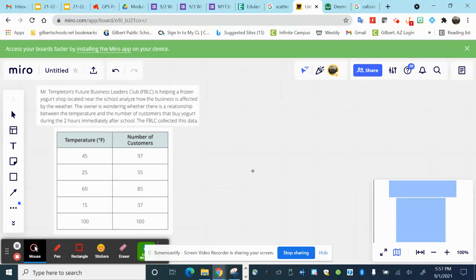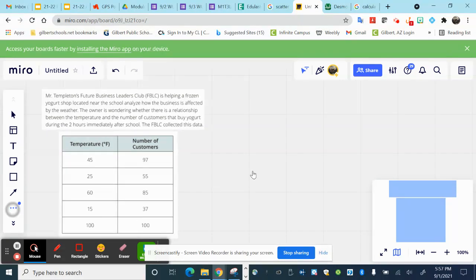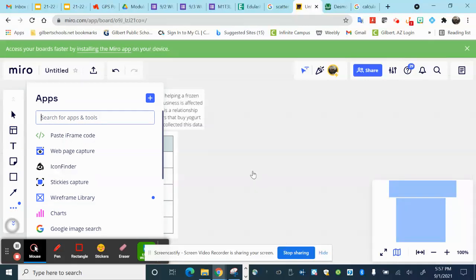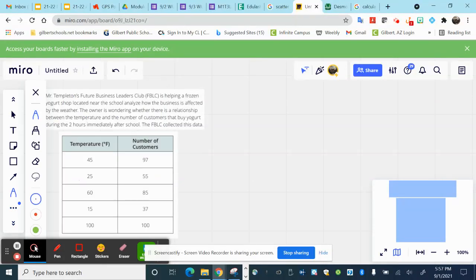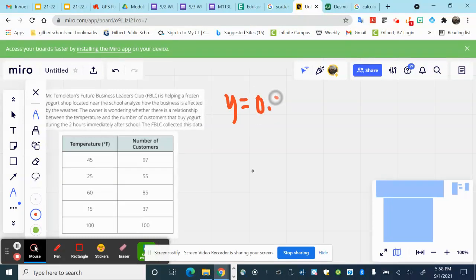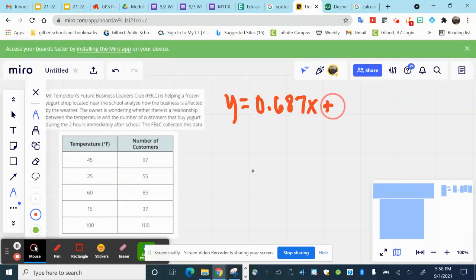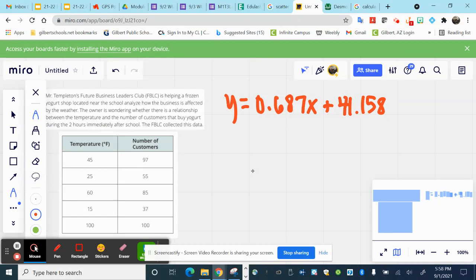I have y equals 0.687x plus 41.158. And again, this was the slope, this was the intercept.